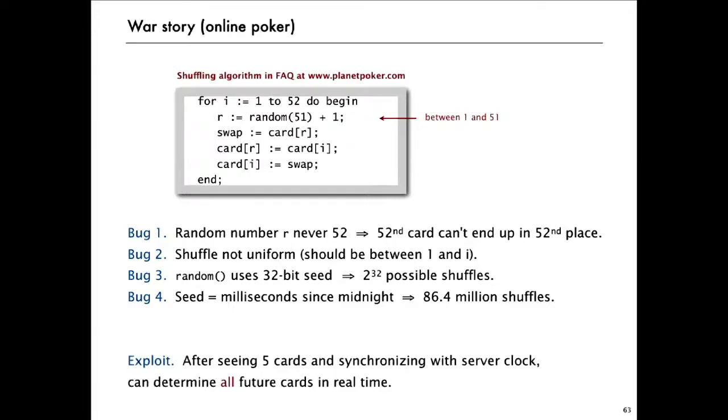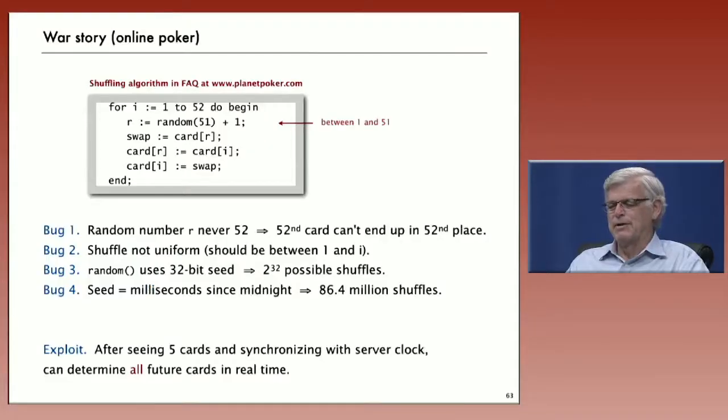In fact, it didn't take that much hacking for someone to realize that after seeing 5 cards and figuring out what the server clock was doing, you could get all the future cards in real time in a program. That's a pretty tough thing to have happen if you're implementing online poker. You might want to make sure that if you're advertising a random shuffle, you go ahead and do so.